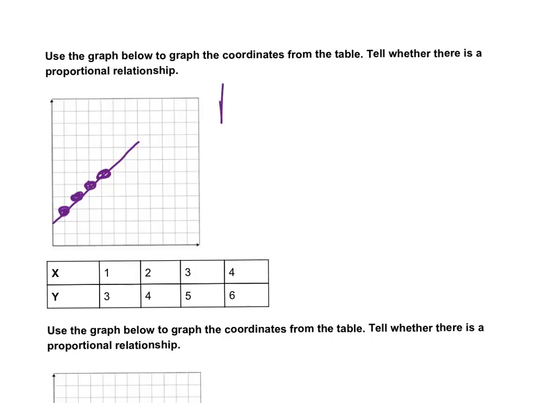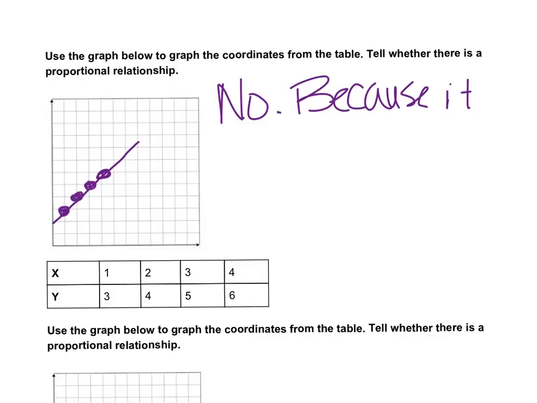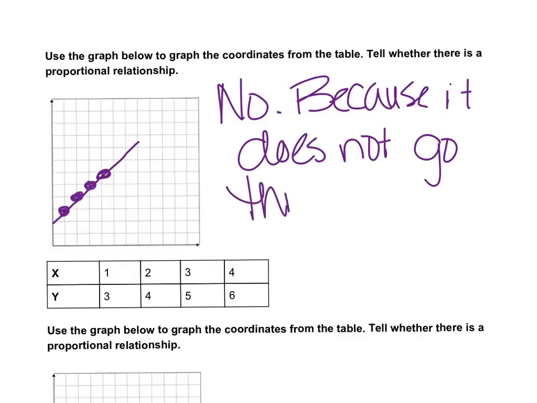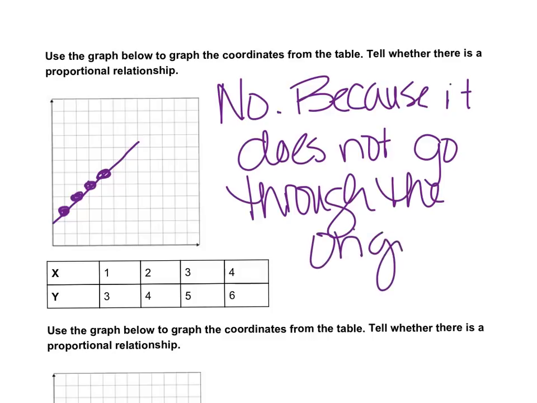This is not a proportional relationship because it does not go through 0, 0. It does not go through the origin. Good. All right, go ahead and try the next one on your own, and then we will review it together.